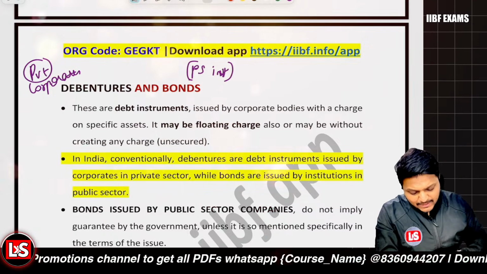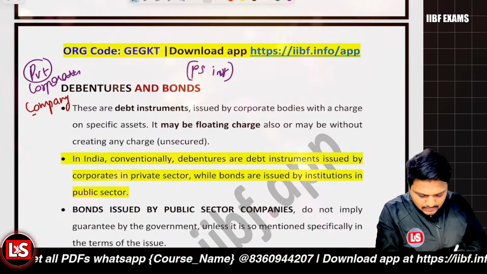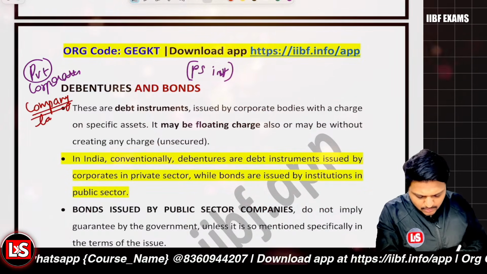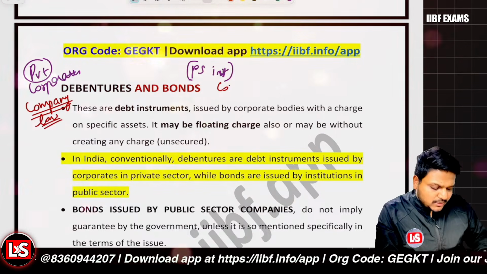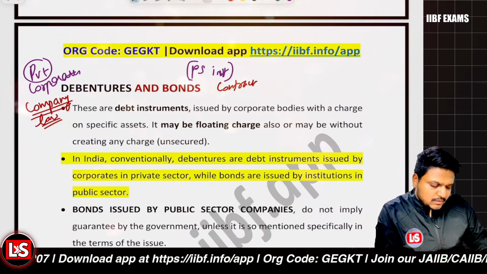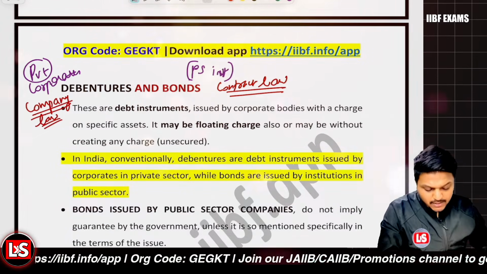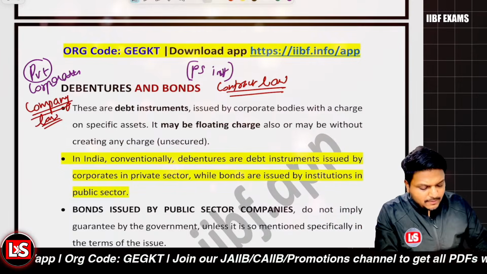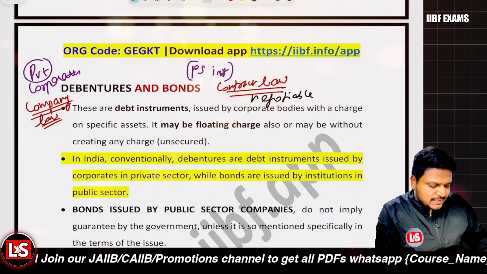And the debentures do come under the company law, whereas the bonds come under the contract law. Those form a contract. And the bonds are negotiable. There is transferability of the bonds and these are negotiable.